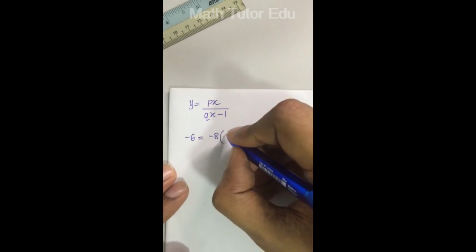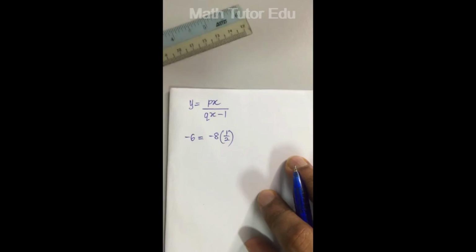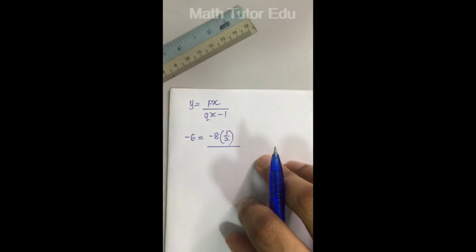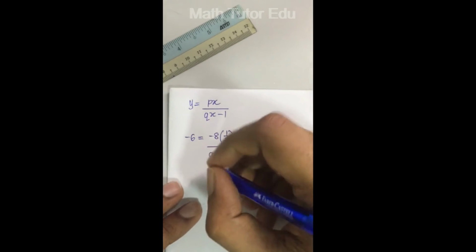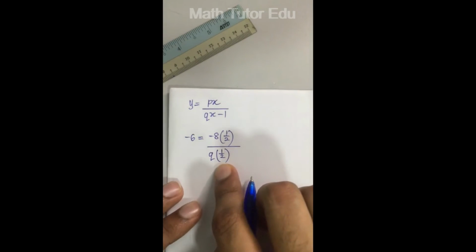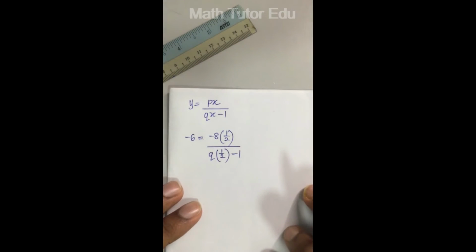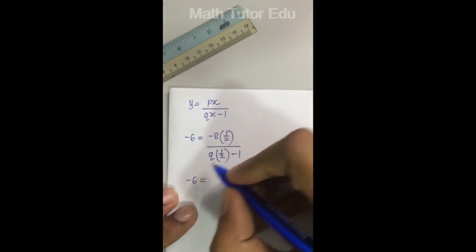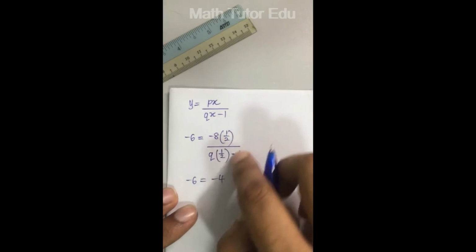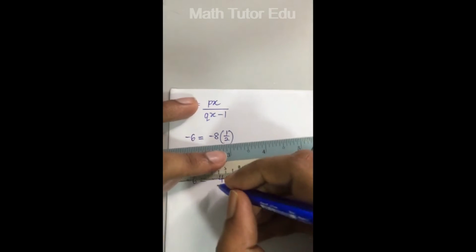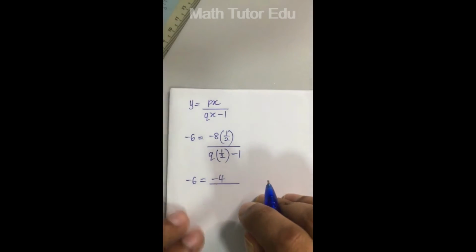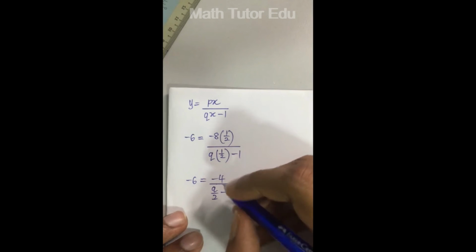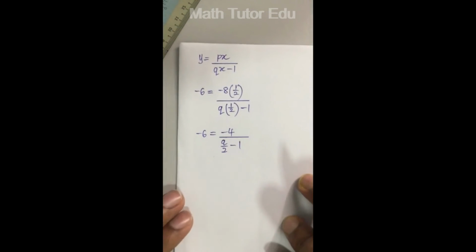Your x is 1 over 2, divided by q times 1 over 2, since x is 1 over 2, and then minus 1. So negative 6 equals negative 4, negative 8 times 1 over 2 gives negative 4, divided by q over 2 minus 1.